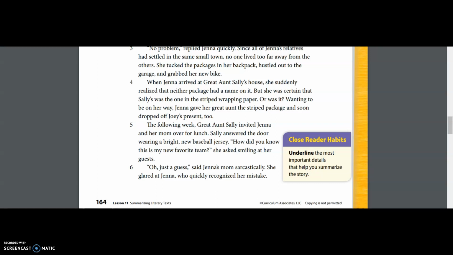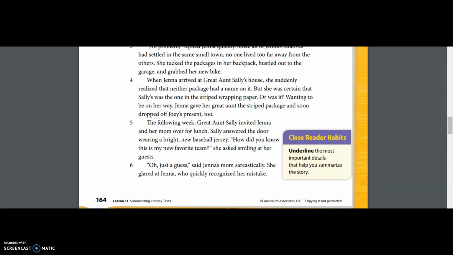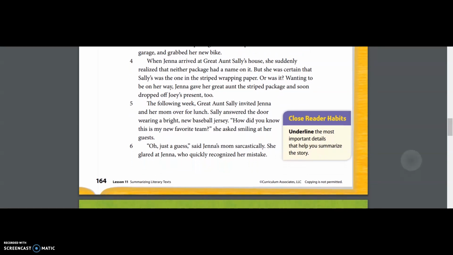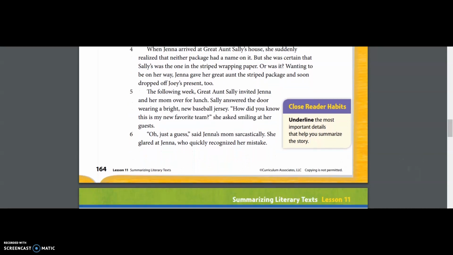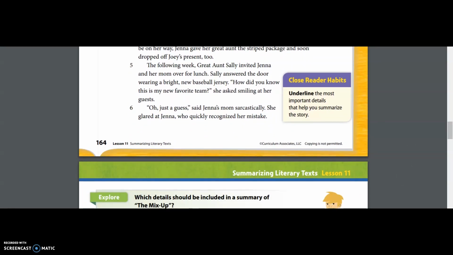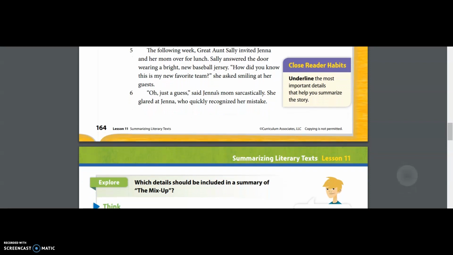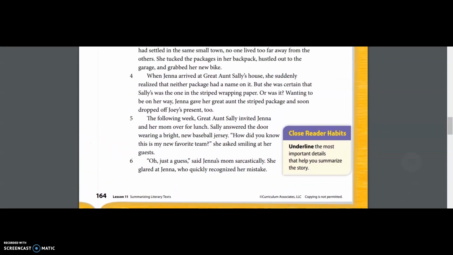The following week, Great Aunt Sally invited Jenna and her mom over for lunch. Sally answered the door wearing a bright new baseball jersey. How did you know this is my new favorite team? She asked, smiling at her guest. Oh, just a guess, said Jenna's mom sarcastically. She glared at Jenna, who quickly recognized her mistake.